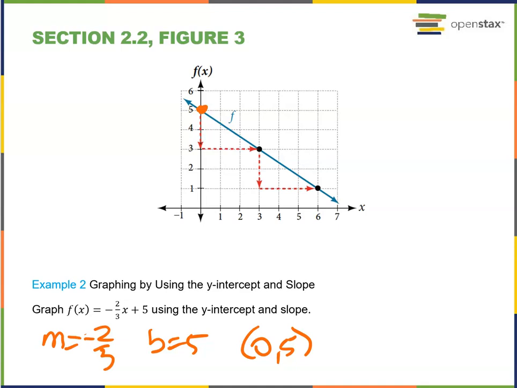So rise over run, negative 2. So you go down 2, and then positive 3, 3 to the right. So that's the point. You go down 2 and 3 to the right. That's another point. So then you connect those dots, and that is the line.